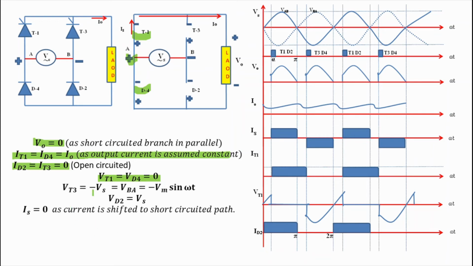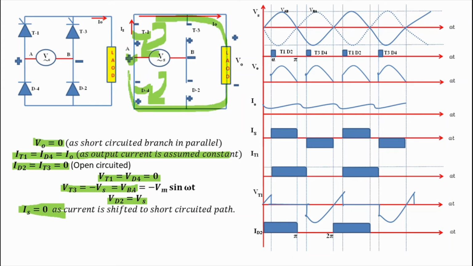On applying KVL in the loop having Vs, T1 and T3, we get VT3 is equals to minus Vs. Similarly, we get VD2 is equals to Vs on applying KVL in loop containing D2, D4 and Vs. Now source current is 0. As current freewheels through D4, T1 and load, that's why source current is equals to 0.